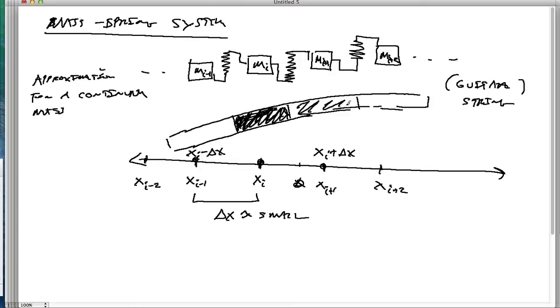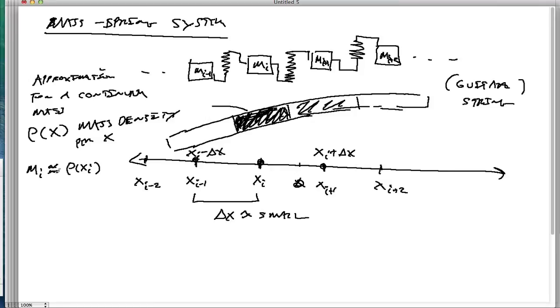And we have these masses there, and we're going to assume we have something like a mass density, and that's per x, right? Per distance direction.